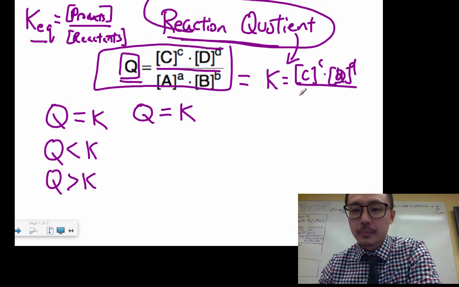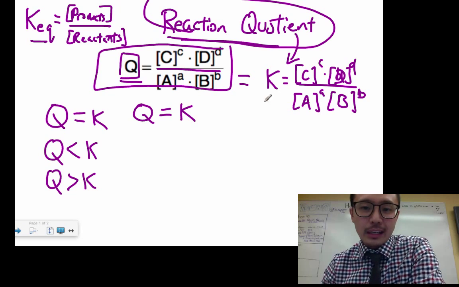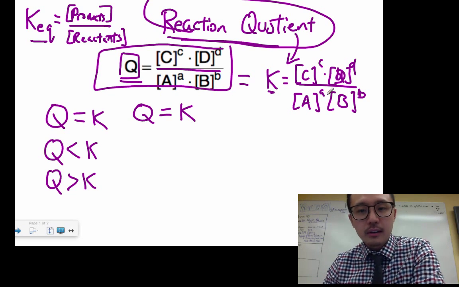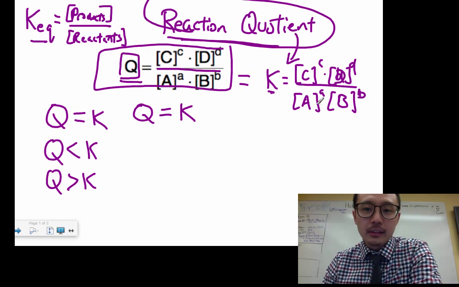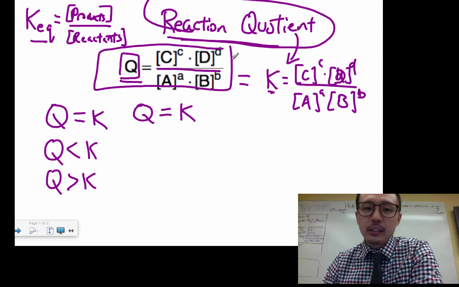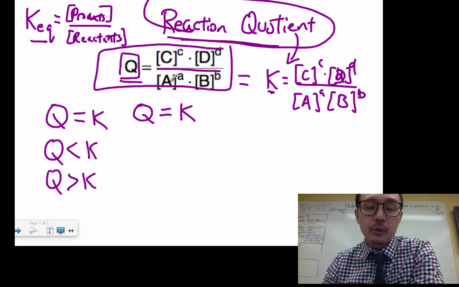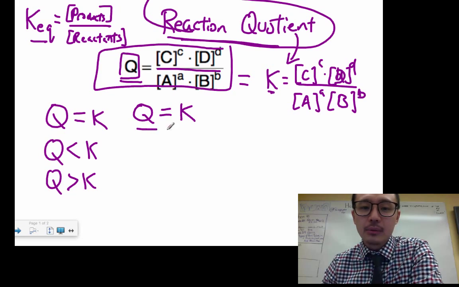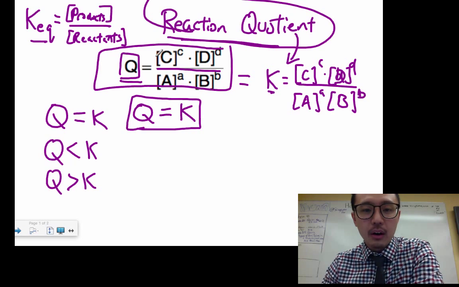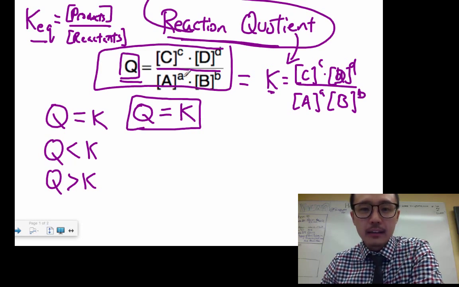So for Q to equal K, the products and the reactants have to be the same as at equilibrium. So at that point of the reaction, it is at equilibrium.